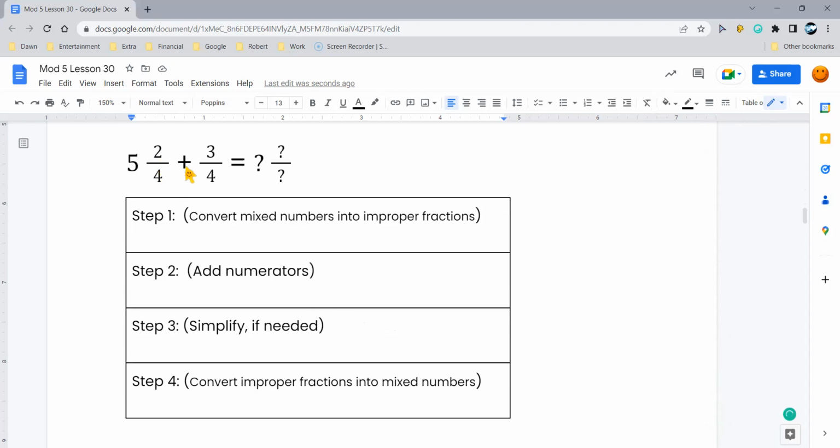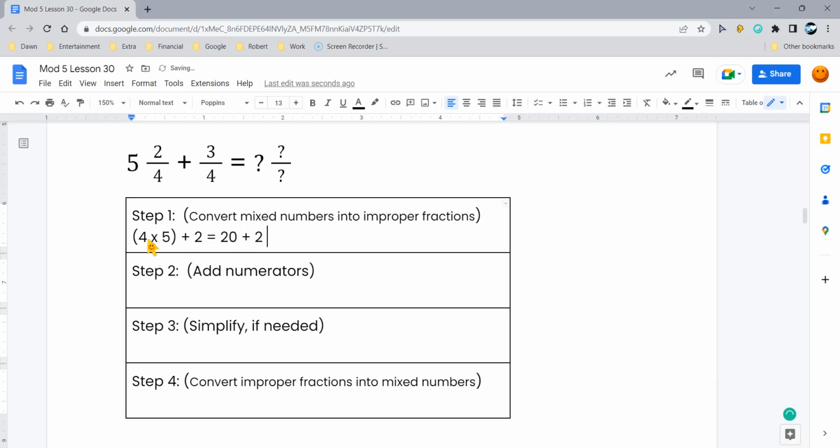I have 5 2/4 plus 3/4. So again, it's a mixed number, so let's turn it into an improper fraction. I take my denominator, multiply my whole number, and add my numerator. So I'm going to do 5 times 4, which gives me 20.